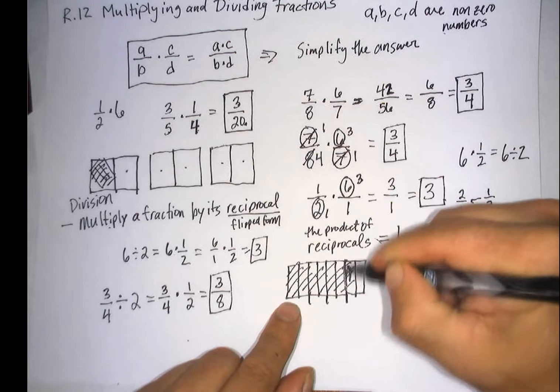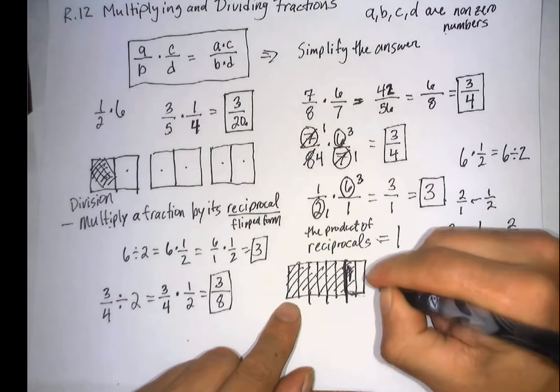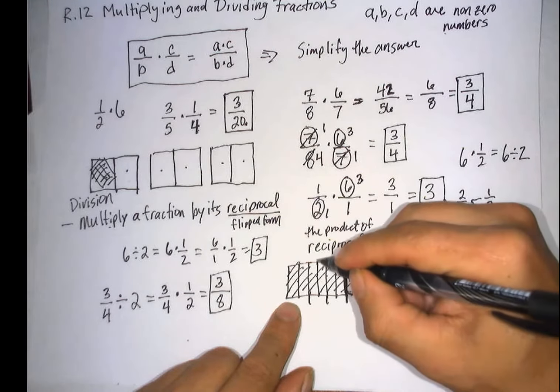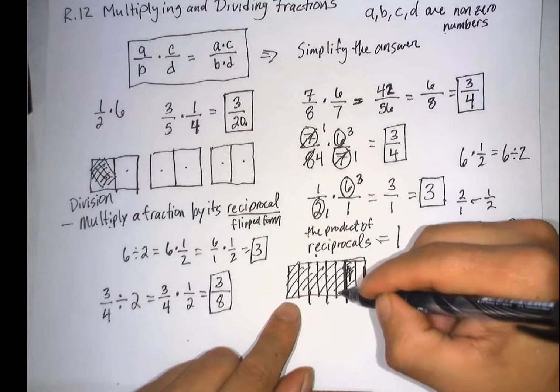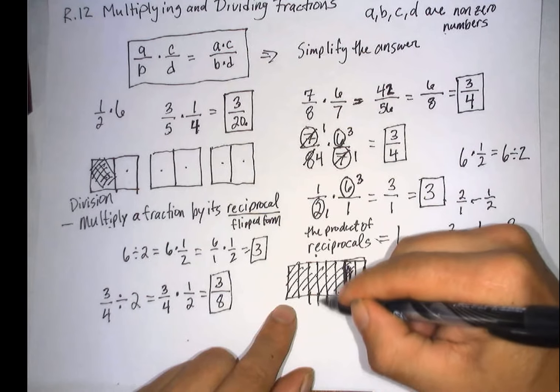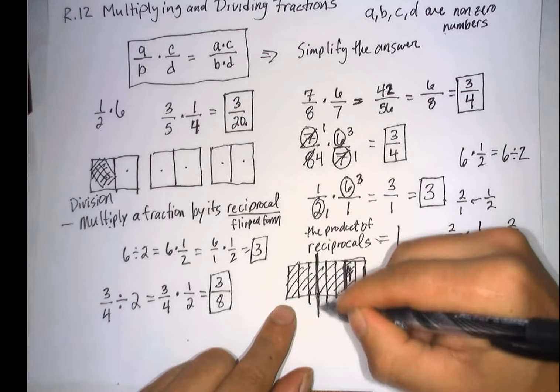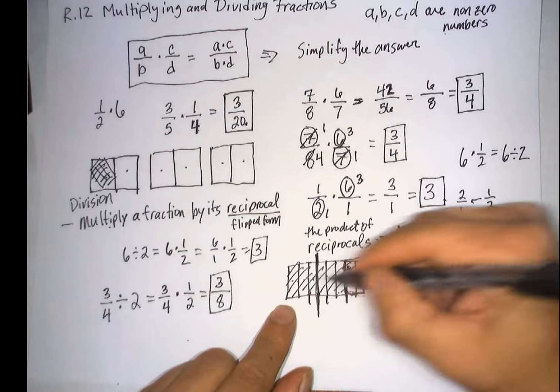Let's just say this is 3/4. Half of that is right here: 1, 2, 3, 4, 5, 6. That's half of 3/4, which is definitely 3 out of 8.